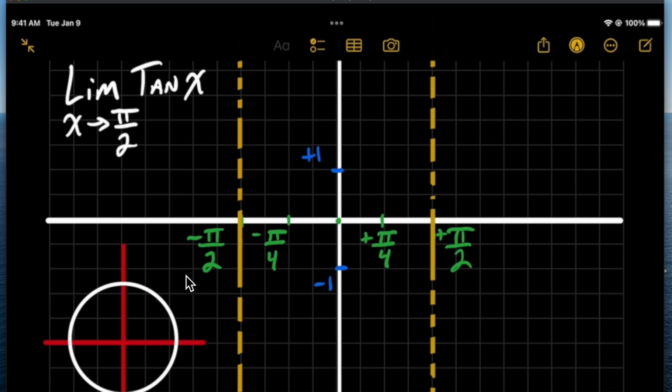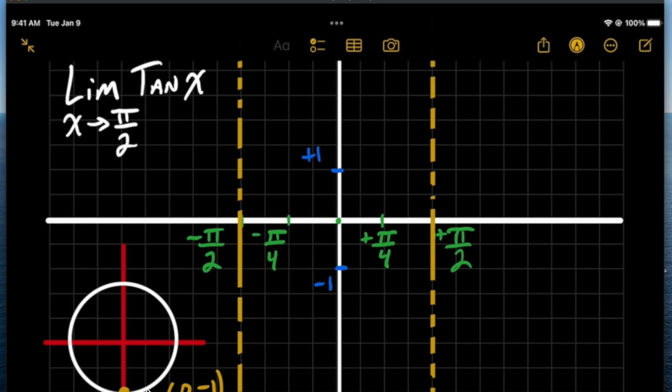So let's look at the values of tangent of x with the help of the unit circle. Negative pi over 2 is the same as negative 90 degrees. So we're down here on the unit circle at this yellow point. Now, the x value of this point is going to be 0, and the y value is going to be negative 1.